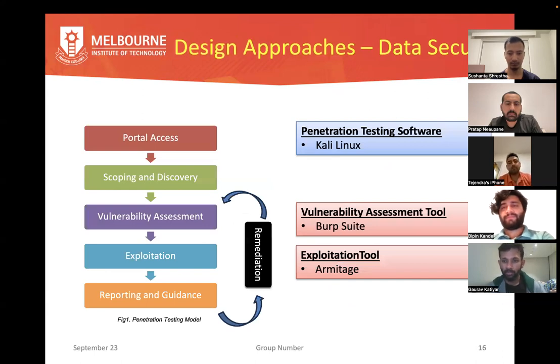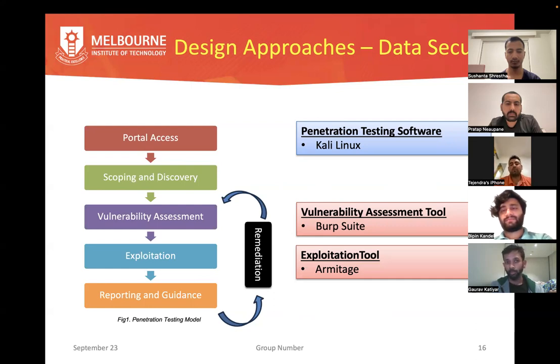Yeah, so hi guys. Data security plays a paramount role in the development of any system. So I'm focusing on the data security part of the software development. While developing the software for our solar system, I'm using a penetration testing model. That's a five-stage penetration testing model, which includes portal access, then scoping and discovery, and then vulnerability assessment.